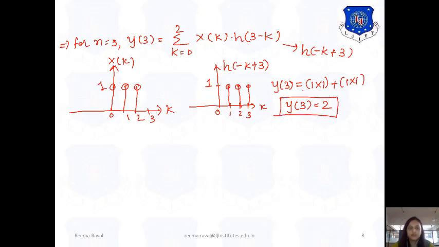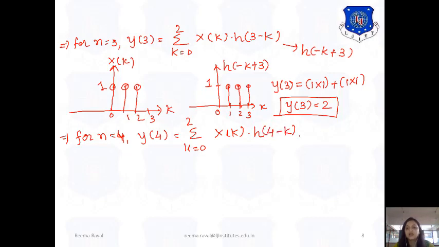Right? Similarly, for the last instant, that is for n equals to 4, according to the formula, y of 4 will be equal to summation of k equals to 0 to 2 x of k into h of n minus k, where n is 4. That will be 4 minus k, and we can call it h of minus k plus 4.